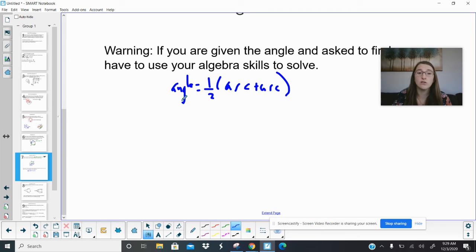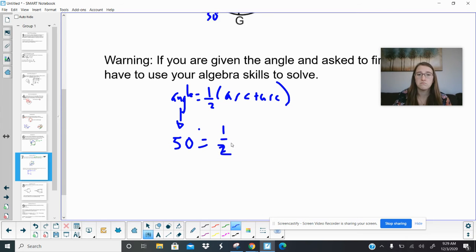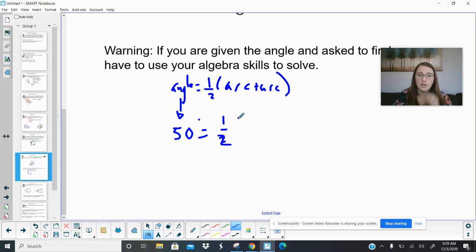If it says angle 1 is blank, that would go here. Let's say angle 1 is 50. And then they might say arc EF is, I don't know, making up numbers here, 60. Find arc whatever.